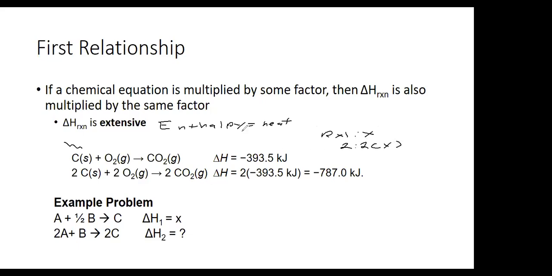So that's all that is going on here for the first relationship. If I multiply by some factor, delta H is also multiplied. Same with division, right? If I divide all my stoichiometric coefficients by a number, delta H is also divided by that number.